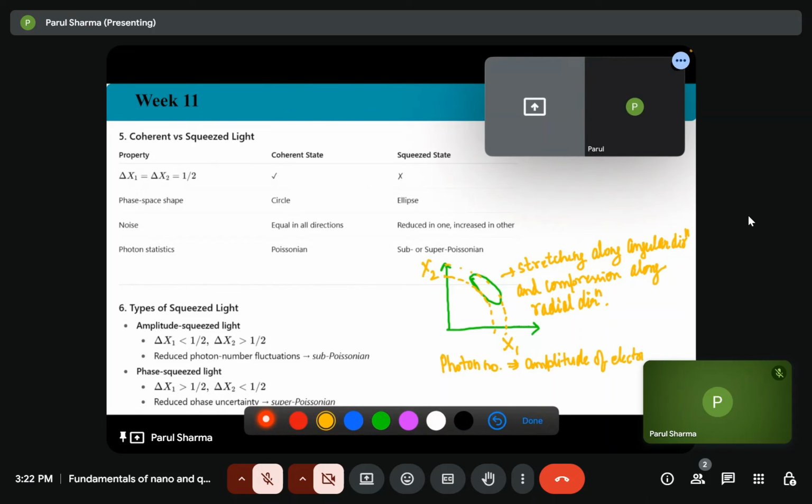Okay, so it means there is a decrease in the amplitude of the electric field. So that's why it is amplitude squeezed light.